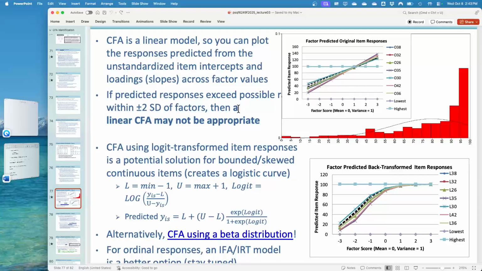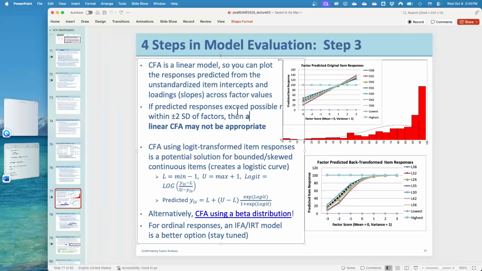That is a problem. So what she's done, and she has syntax to do this, I think it's even in my syntax as well, is go and check. This is an assumption of CFA, right? One of the ideas of CFA is to use this normal distribution that we basically keep our predictions in bound, but they don't.